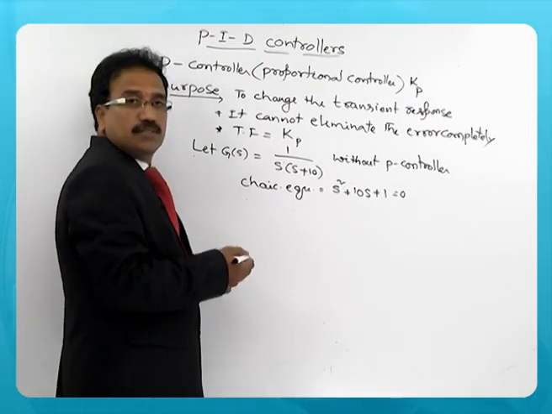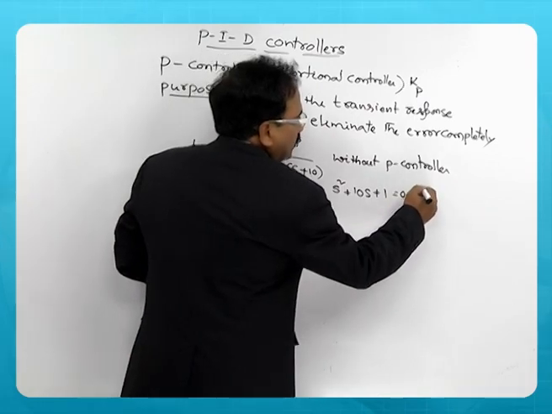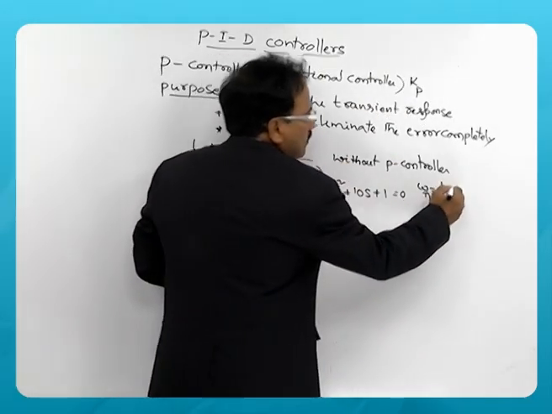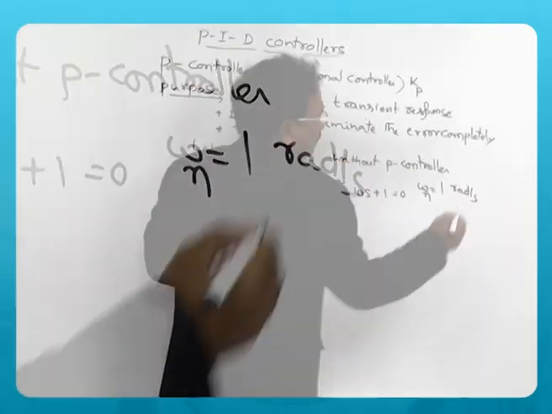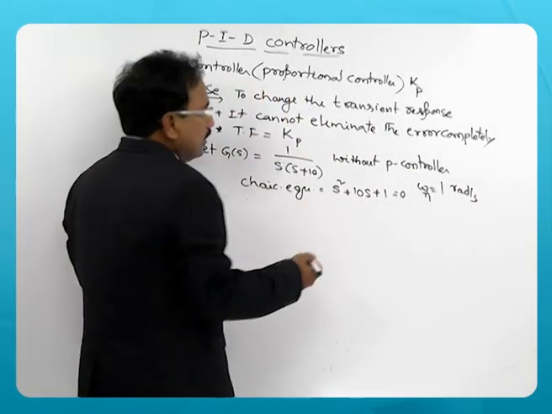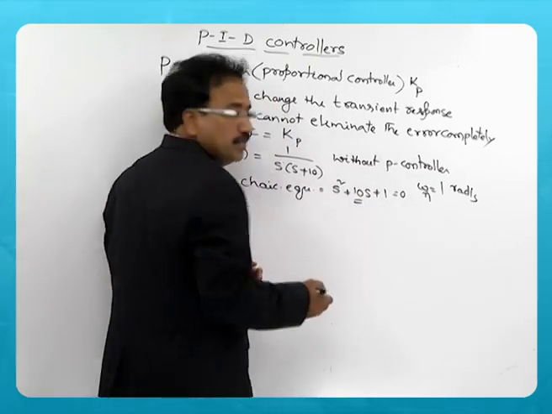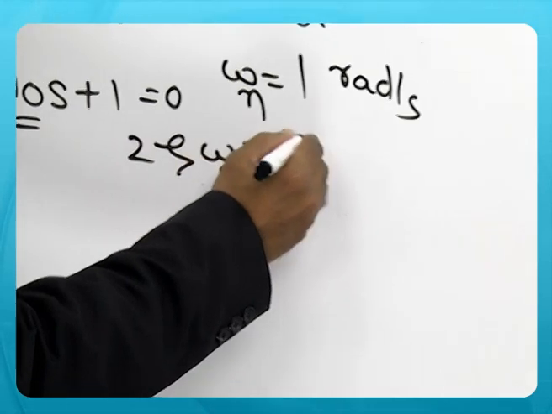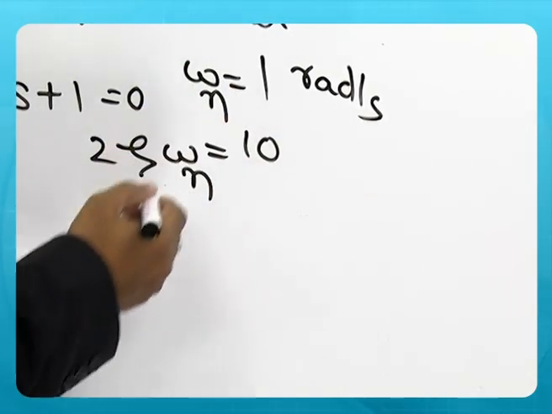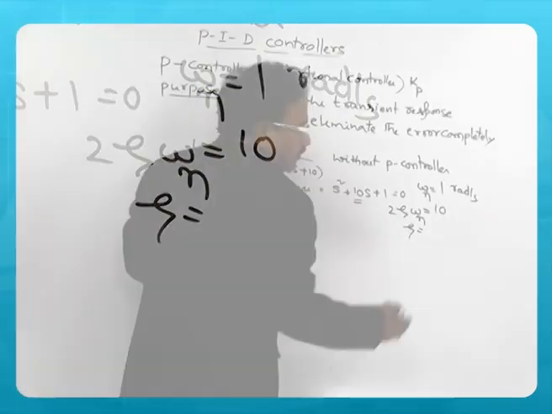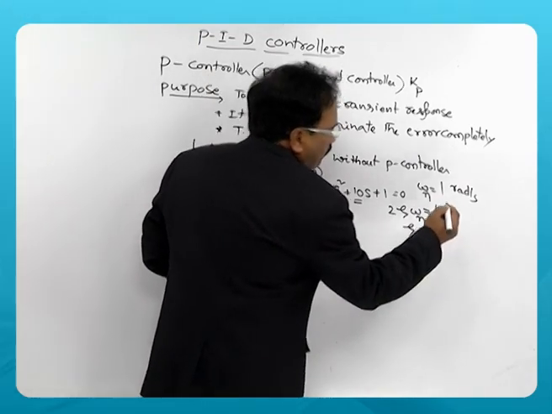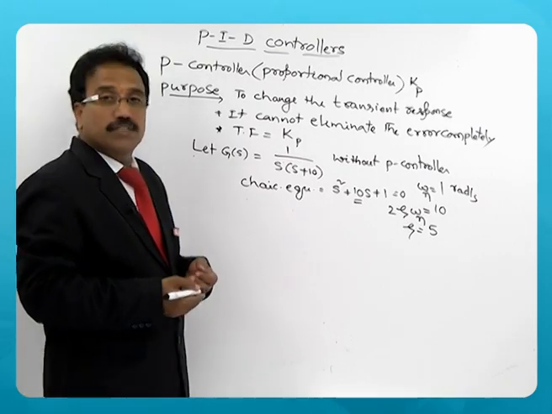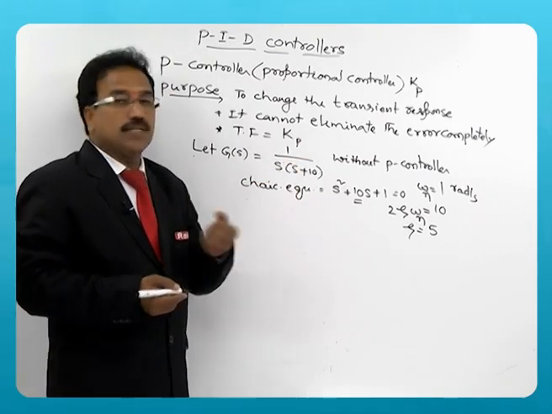And the omega n, the undamped natural frequency of the system, is 1 radian per second. And its zeta, the damping coefficient, can be determined from this 10, that is 2 zeta omega n equal to 10. Omega n is 1, so the zeta value is 5. Now, the damping coefficient and omega n you have determined for this system without P controller.